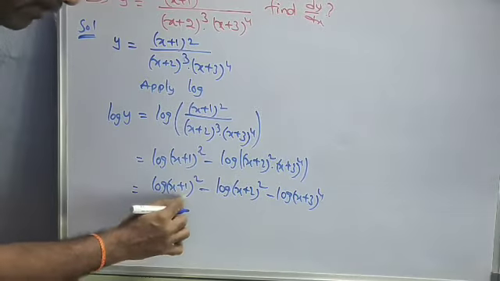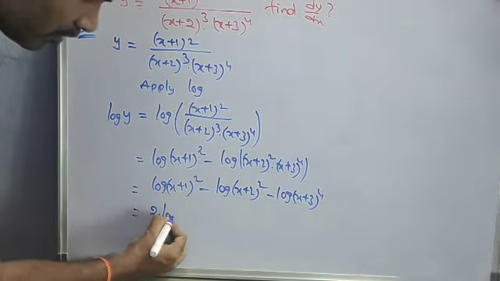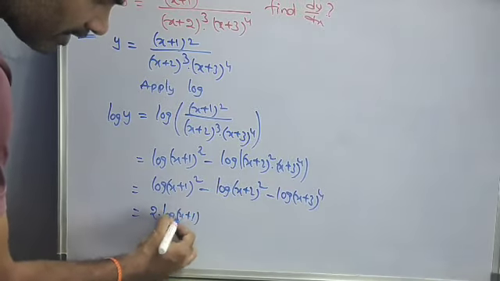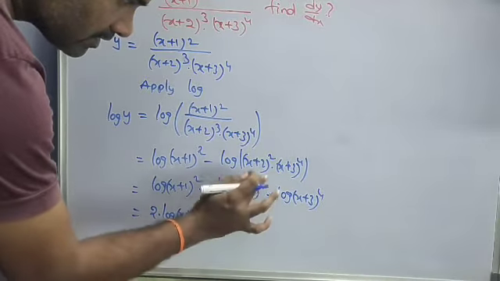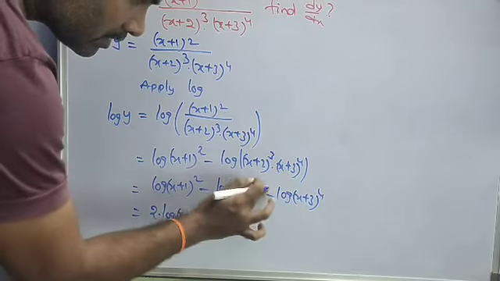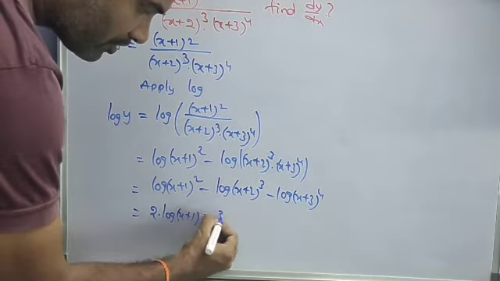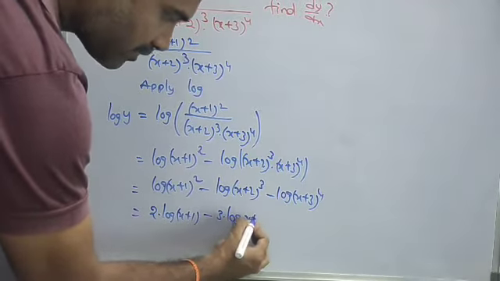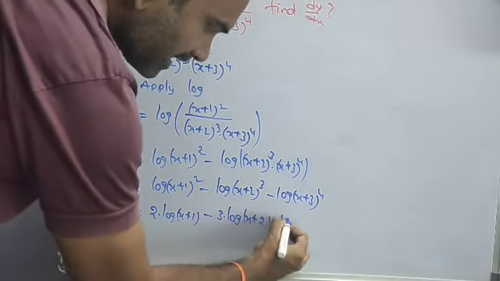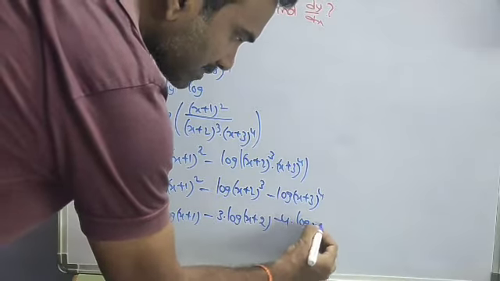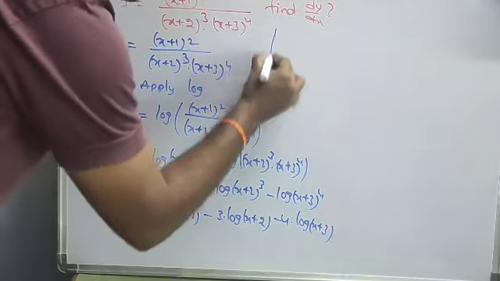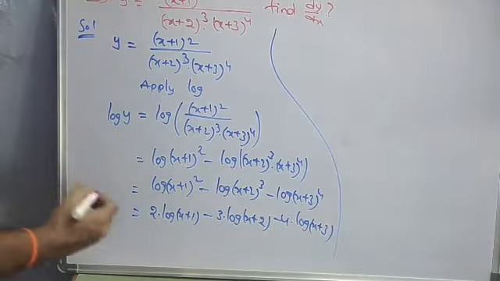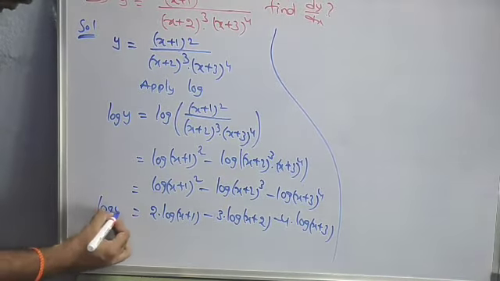Now log of a power m, so 2 into log of x plus 1 minus 3 into log of x plus 2 minus 4 into log of x plus 3. Okay, so this is the log y value.